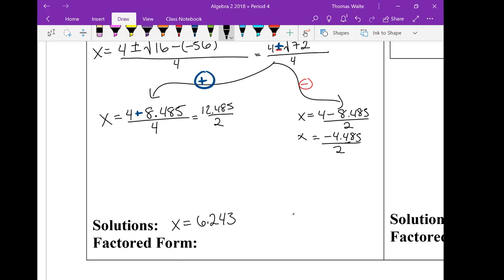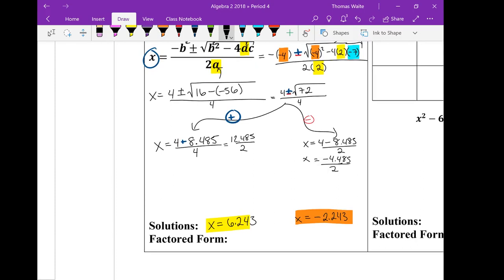And then the second solution is going to be x equals, it's going to be a negative number, 4.485 divided by 2, negative 2.243. So those are our 2 solutions. First one, we get from positive. The second one, we get from subtracting.